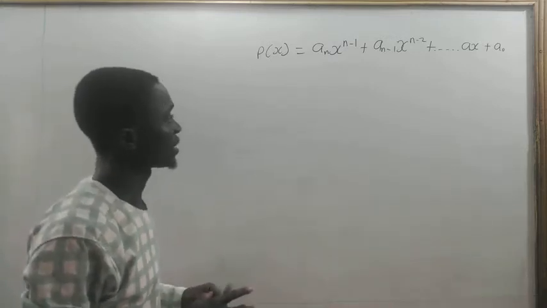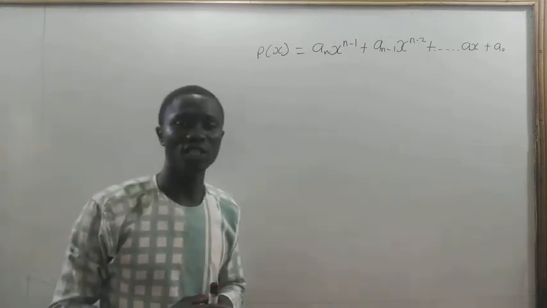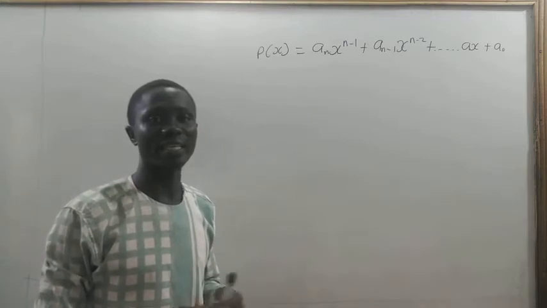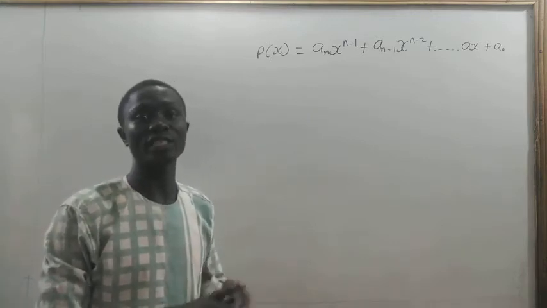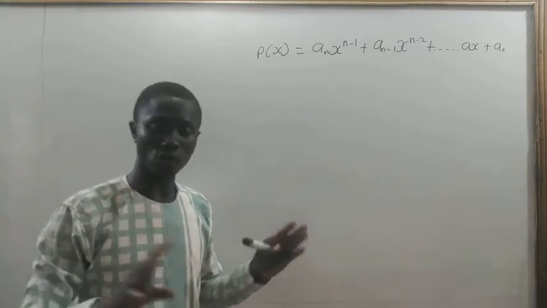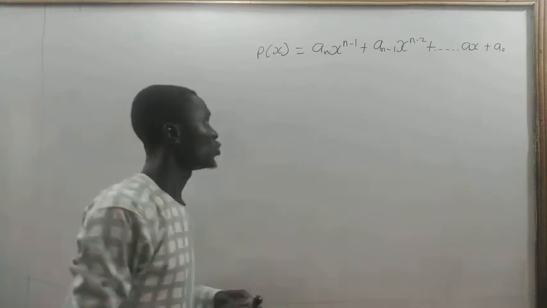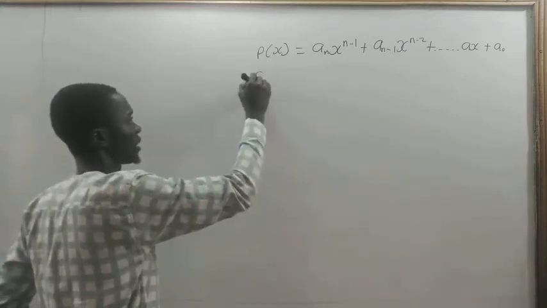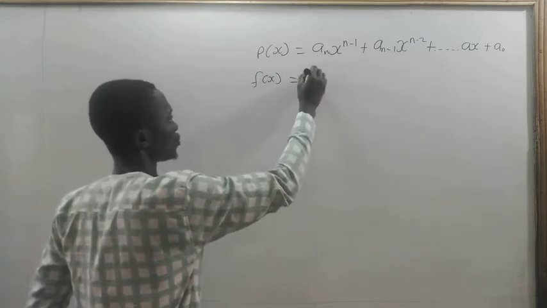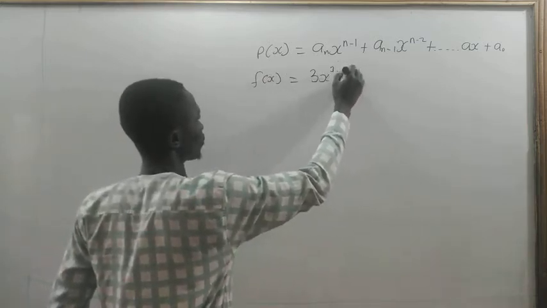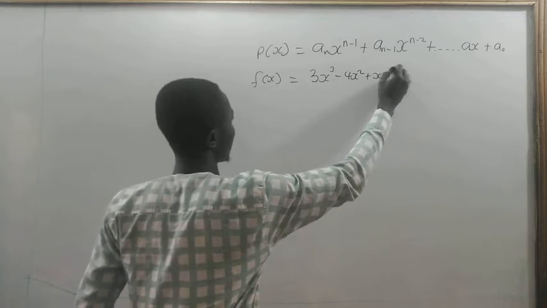So we are saying that a polynomial function is defined everywhere. That is, it is continuous everywhere. So, as an example of a polynomial function, let me take f of x to be equal to 3x cubed minus 4x squared plus x plus 1.